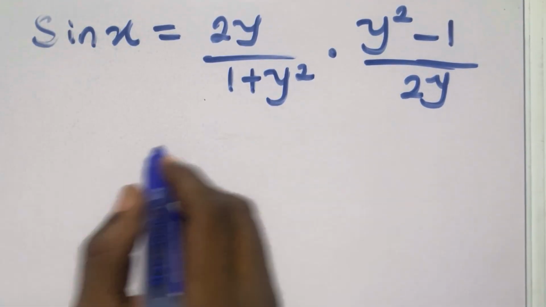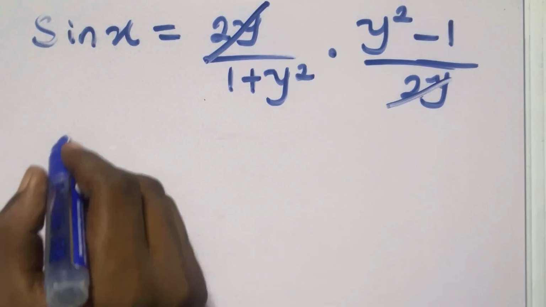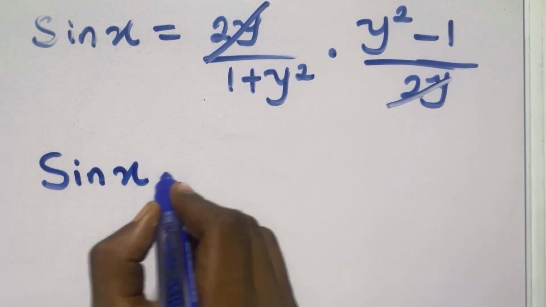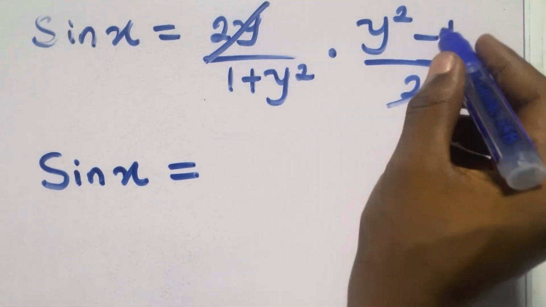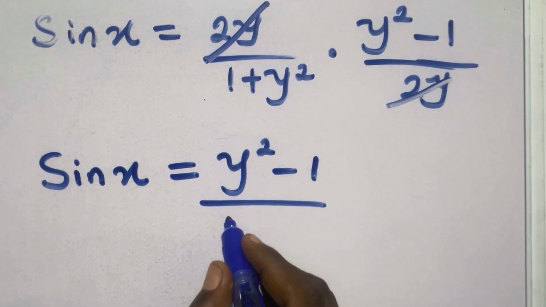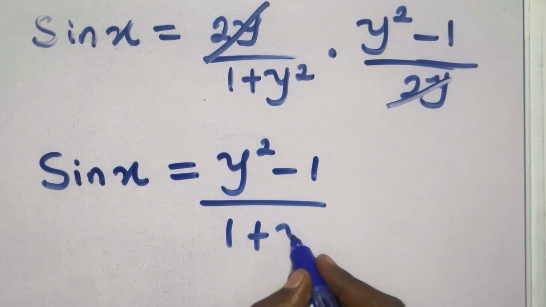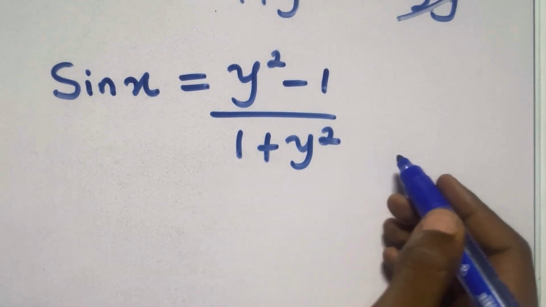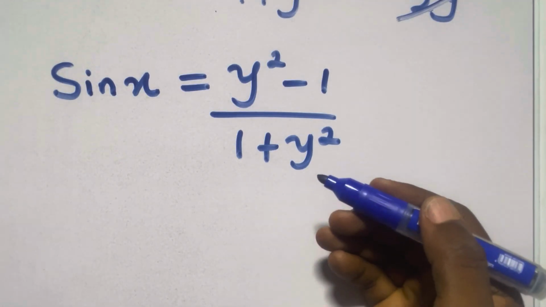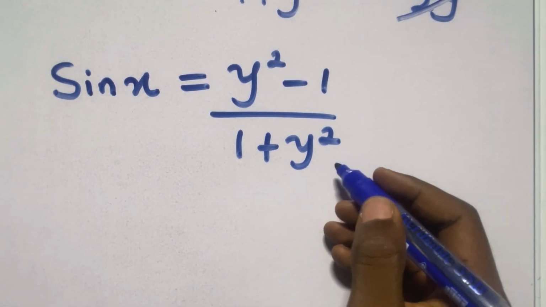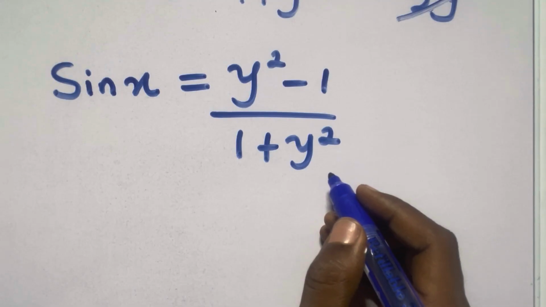So now we have this, we cancel out the 2y, so therefore we have our sin x to be equal to y squared minus 1 divided by 1 plus y squared. All right, so since we've gotten our sin x, we have gotten our sec x, and we've gotten our tan x, we can easily find f of x now.